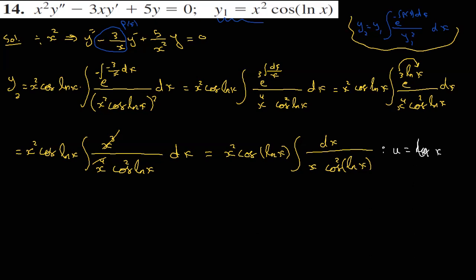By the way, I prefer to find any integral using two simple substitutions rather than one complicated substitution. If you choose u equal cosine ln x, this substitution will be difficult. So with u equal ln x, du is dx over x.